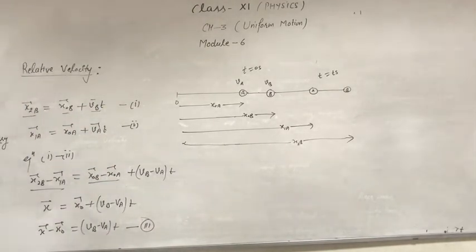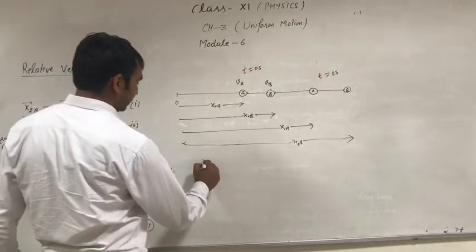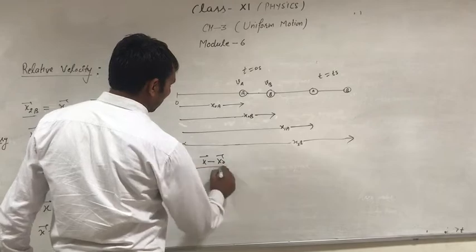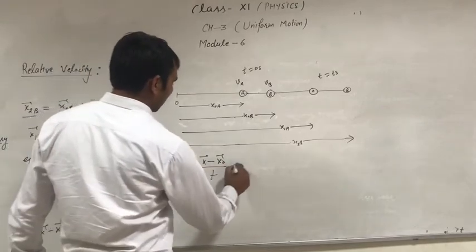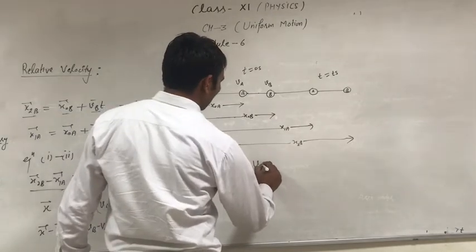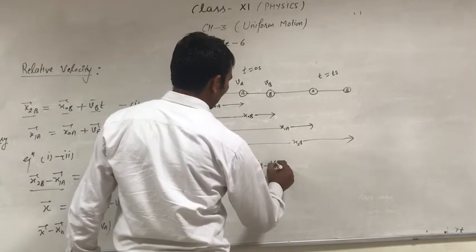Therefore x minus x naught divided by T is equal to VB minus VA.